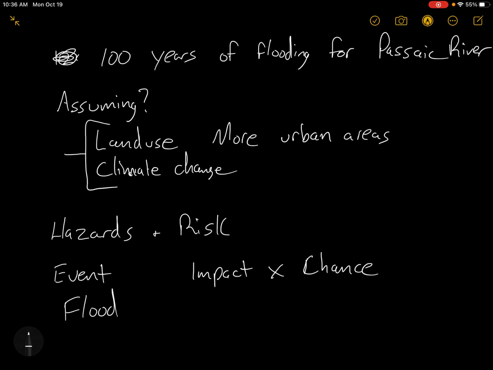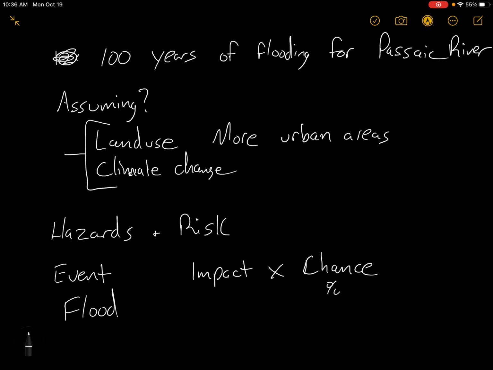And remember that impact can be measured in different ways. It could be injuries, it could be deaths, it could be economic damage, it could be days lost of work, it could be days lost of school, it could be houses destroyed, it could be habitat destroyed if you're talking about other animals and other plants.